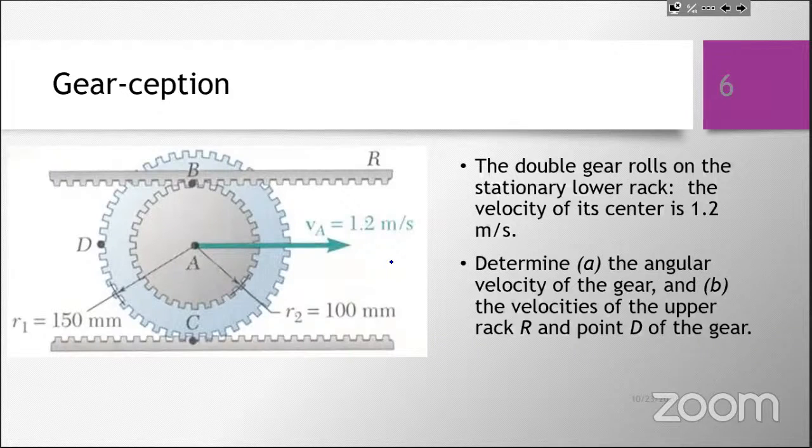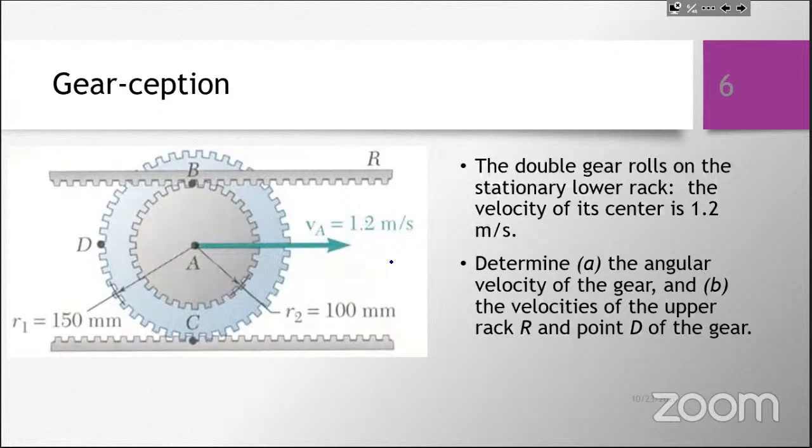It's also rotating, but we can imagine you can pick this up, slide it, and put it back down. We would just translate it without doing any rotation. So let's talk about that in a second. We want to find the angular velocity of the gear and the velocity of the upper rack R and point D on the gear.